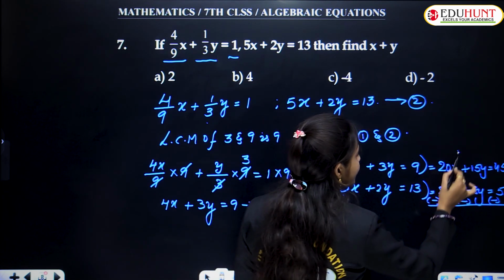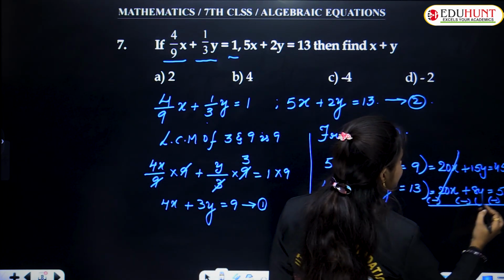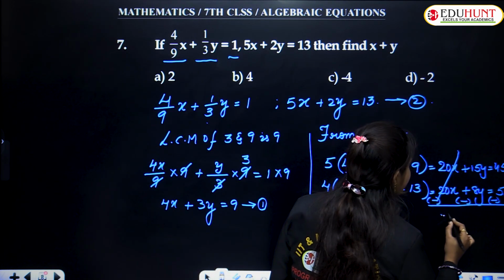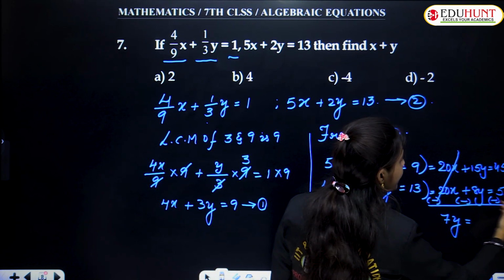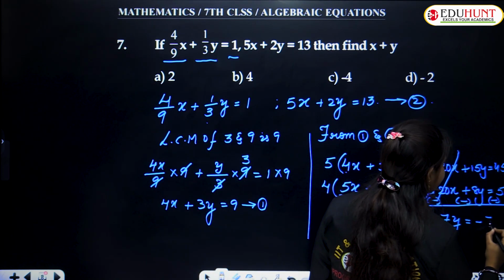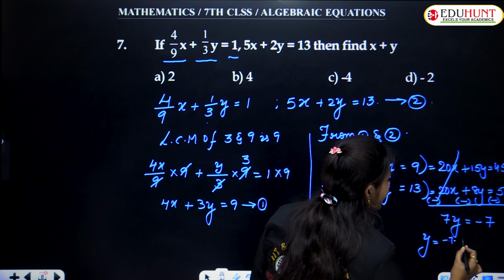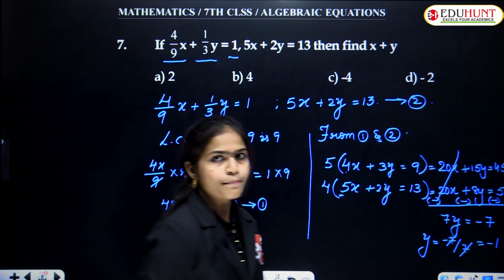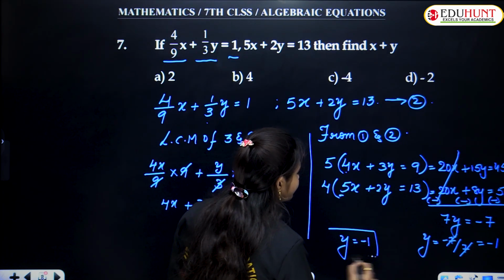Now, here plus 20x and minus 20x get cancelled, and here 15y minus 8y, which is equal to 7y, is equal to here 45 minus 52. So, what is the answer here? Minus 7. Okay. So, from this one, y is equal to minus 7 by 7. So, 7 and 7 get cancelled which is equal to minus 1. So, here y is equal to minus 1.